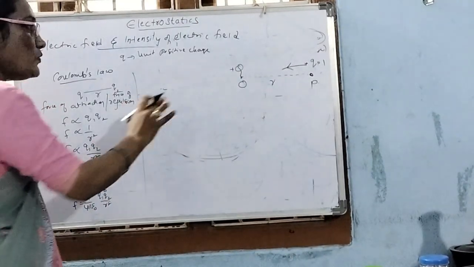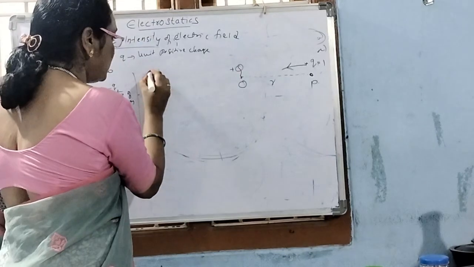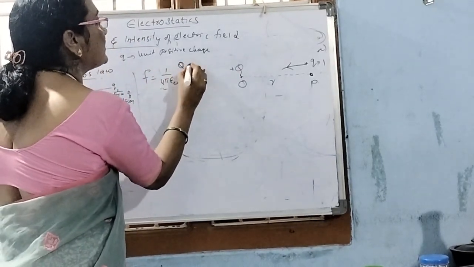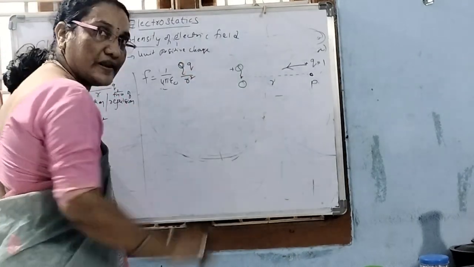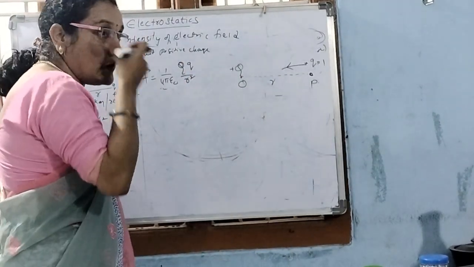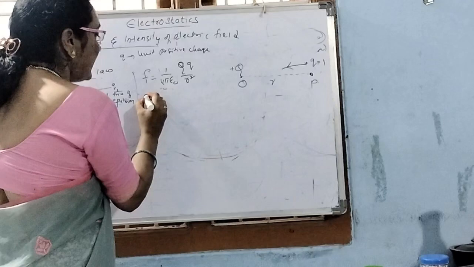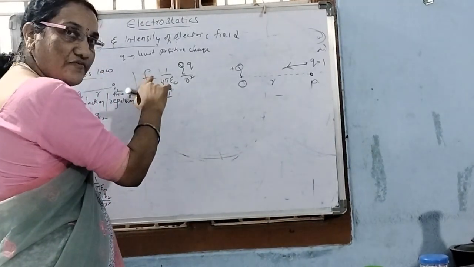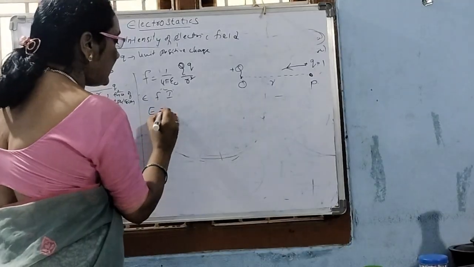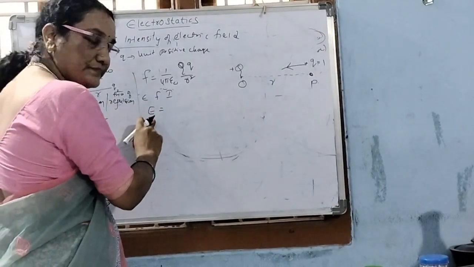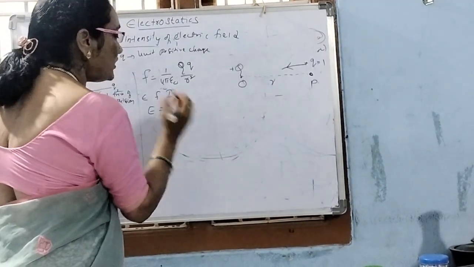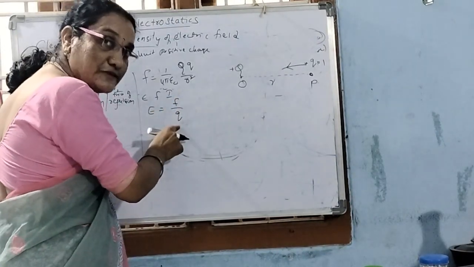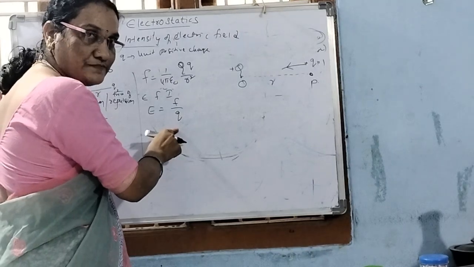Okay. So now, applying Coulomb's law here, F is equal to 1 by 4 pi epsilon naught capital Q small q by r square. Right? Now, next, electric field intensity. What did we define electric field intensity as? We defined electric field intensity as the force acting on unit positive charge, or the force experienced by unit positive charge, right?